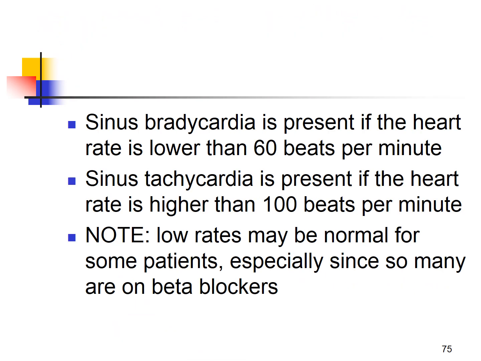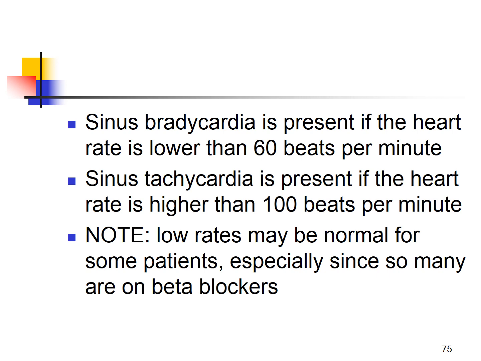Sinus bradycardia, right? It's originating from the sinus node, so the heart rate is slower than 60, right? Sinus tachycardia: the origination from the SA node is still the same, but the heart rate is faster than normal, which is greater than 100, right?